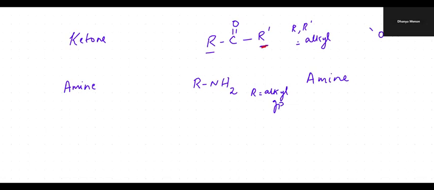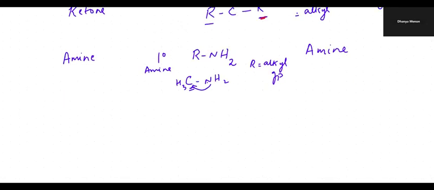So CH3 NH2, I have just taken one alkyl group. So here nitrogen is connected to one carbon atom. This is called a primary amine, because nitrogen is connected to one carbon atom. Now we also have secondary amine.